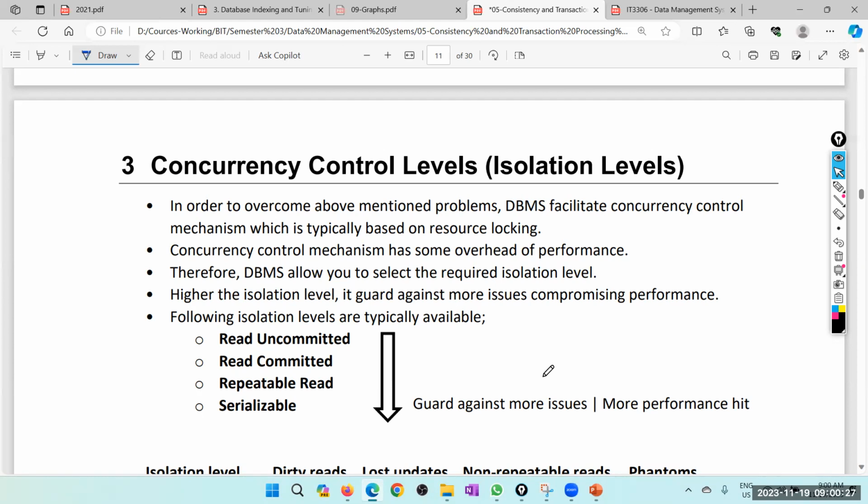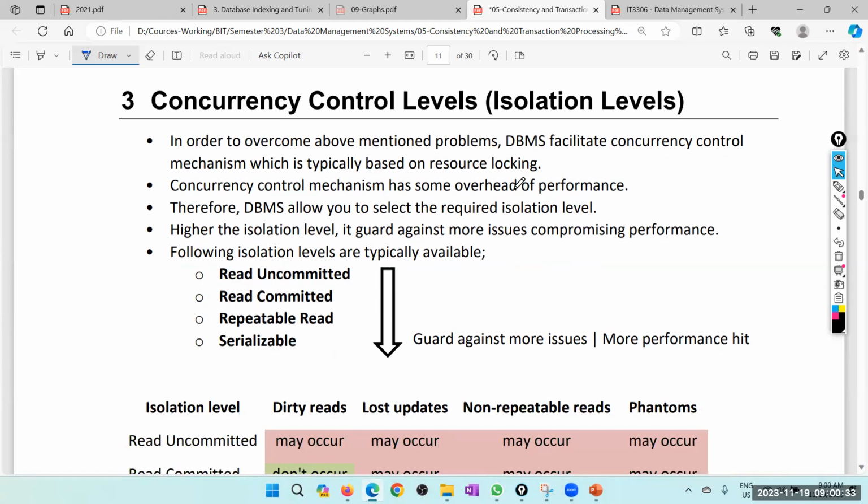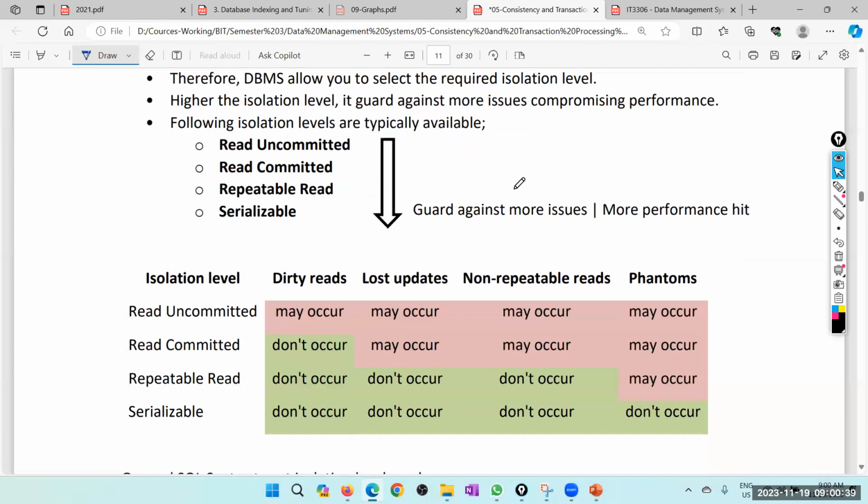So these are the possible isolation levels in databases like Oracle, Microsoft SQL, MySQL: read uncommitted, read committed, repeatable read, and serializable. The highest safety is serializable, which means it guards against all possible issues.